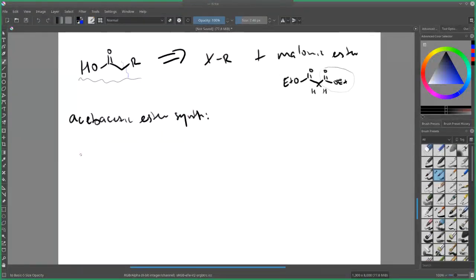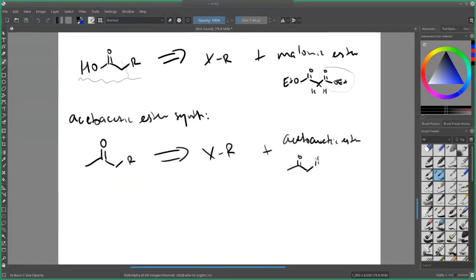So if you want to make substituted acetone, then you can go backwards and use acetoacetic ester, which looks something similar to this. It's the same thing, except one of the sides is just acetone, not an ester.